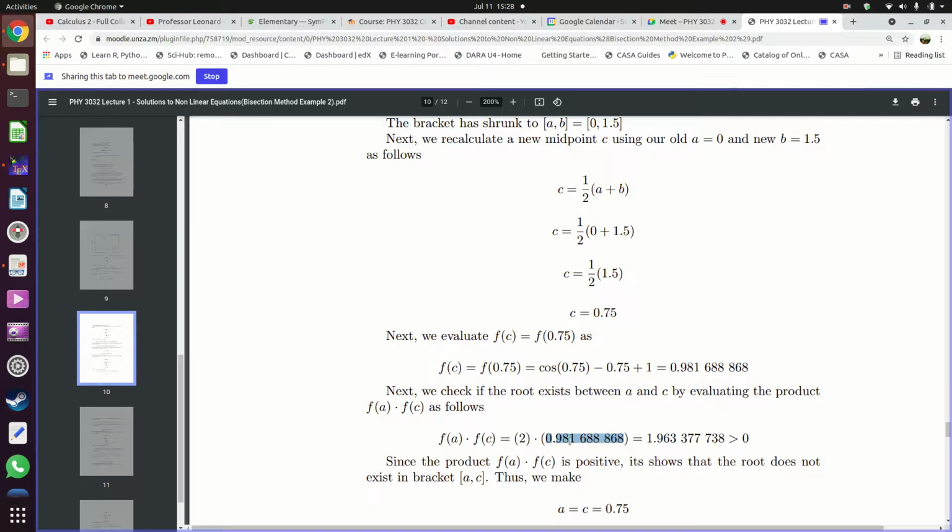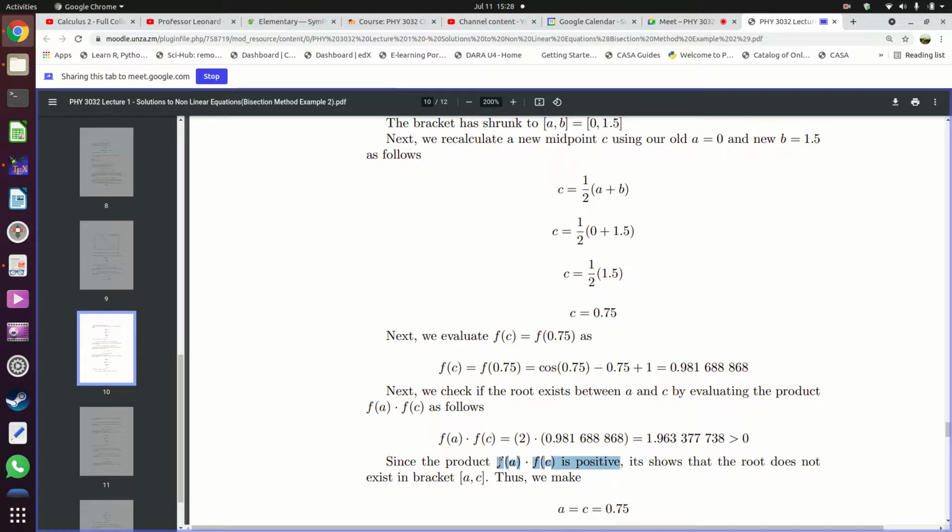So we are multiplying two positive numbers. When you multiply two positive numbers, we end up with a positive product, 1.963377783.